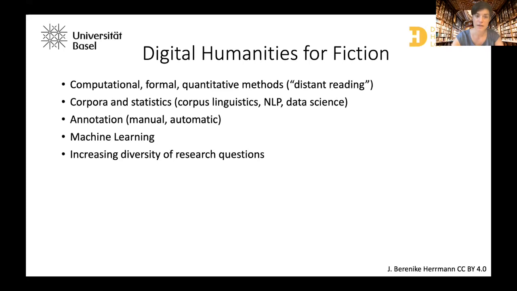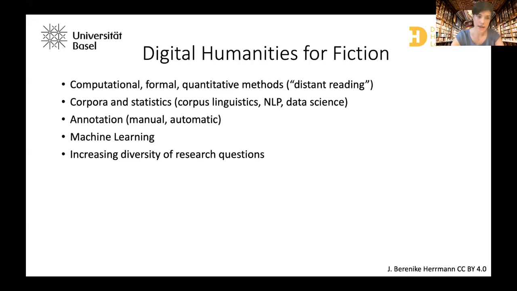And yes, we're building on the basis of corpus linguistics, of natural language processing, of computational linguistics and stylistics. And of course, right now, things are really moving very quickly with data science. Machine learning, word embeddings, and all these things are also streaming into digital humanities for fiction. So it's a great time. It's also going quite quickly.